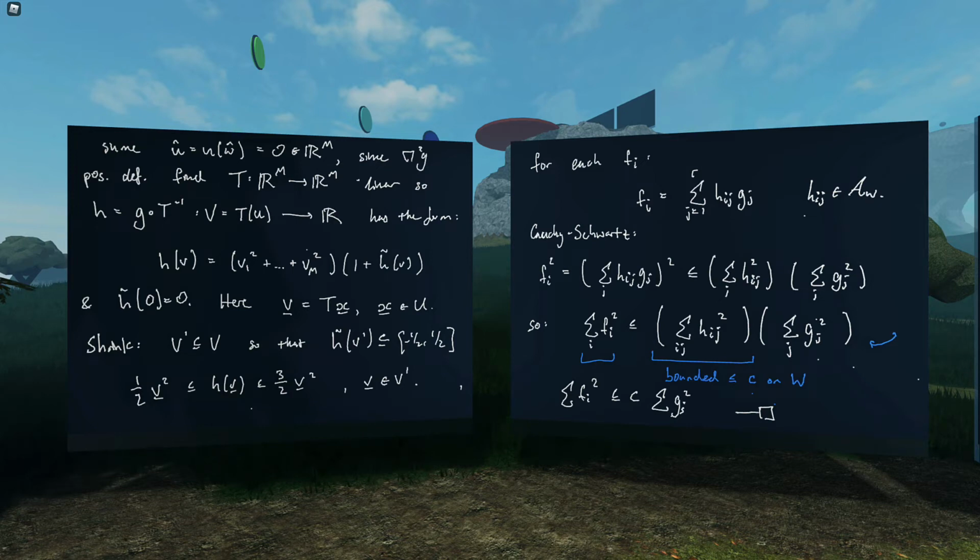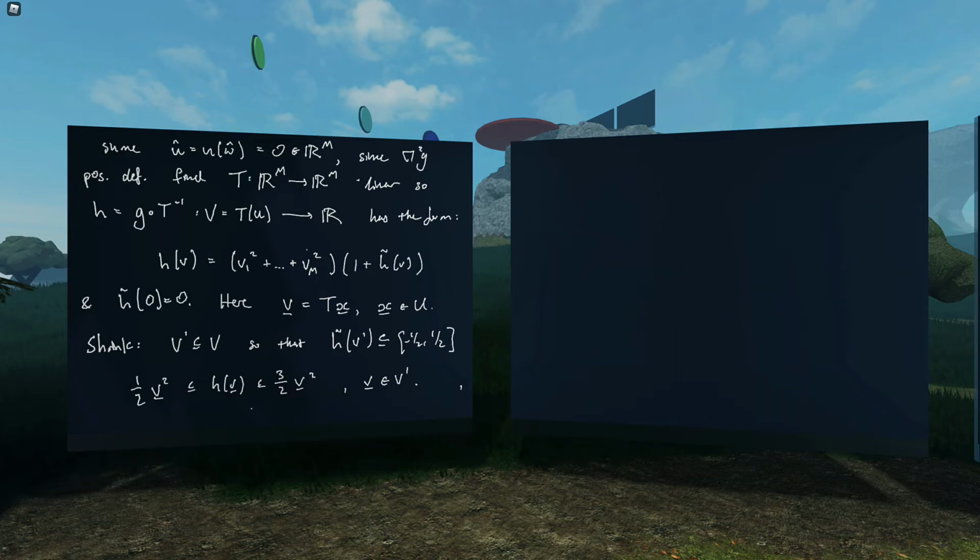So this is already looking promising. We've sort of got some constants, but other than that, it seems like h is Lipschitz equivalent to a sum of squares. And so now we just want to extend that to all of the original coordinates x.